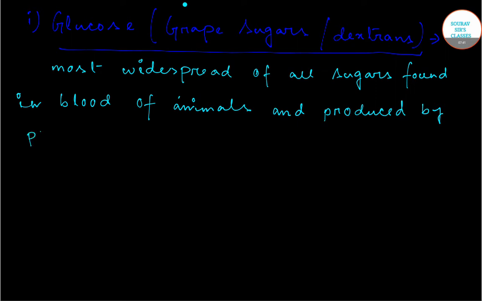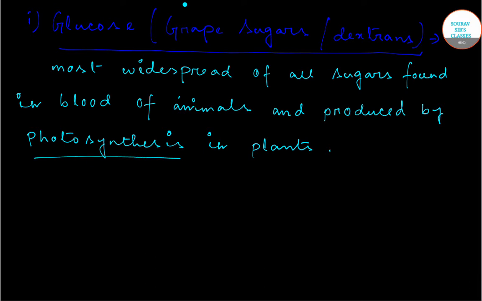So glucose is produced by photosynthesis in plants.